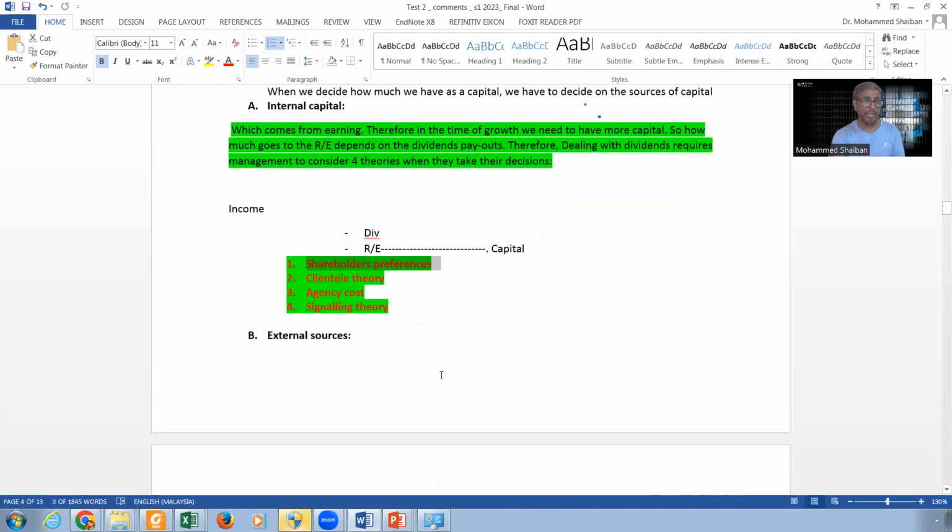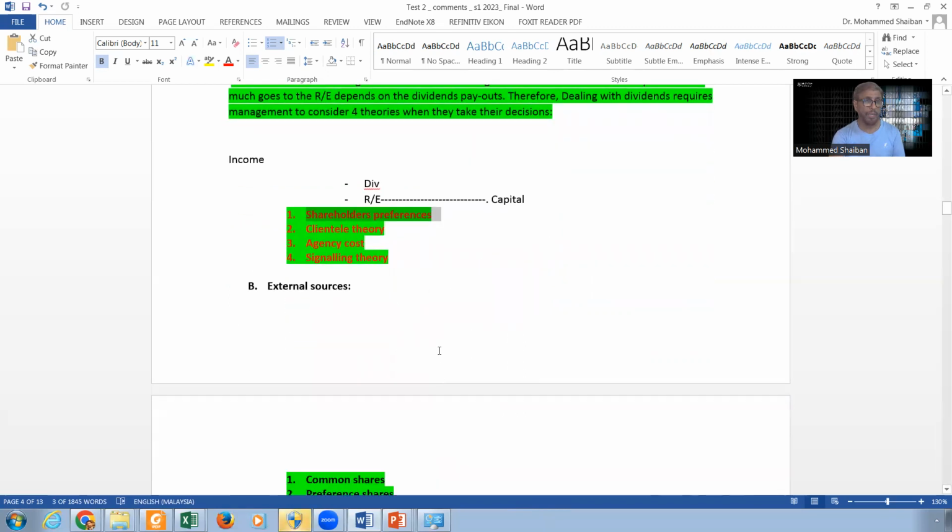Now, when we decide on this, if we are talking about AGM, which is the asset growth model, and the bank has decided how much capital and how much asset we will have, then we will use whatever the retained earnings give us, and the rest we will take from external sources.